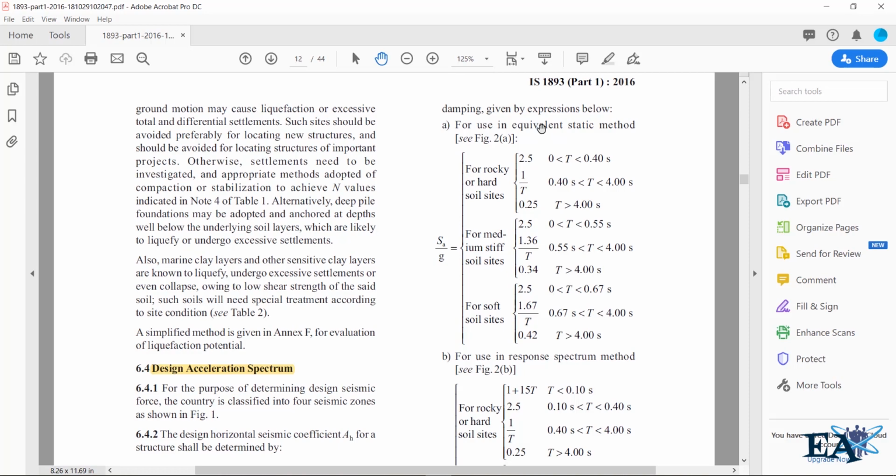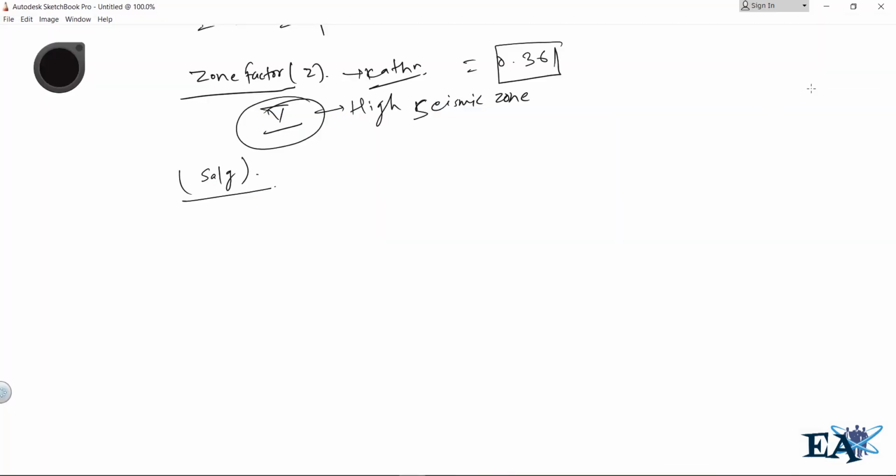The method that we are using now is the equivalent static method, because here what we do is, I'll just tell briefly, we calculate the base shear VB. This is the force that acts at the base of the building.